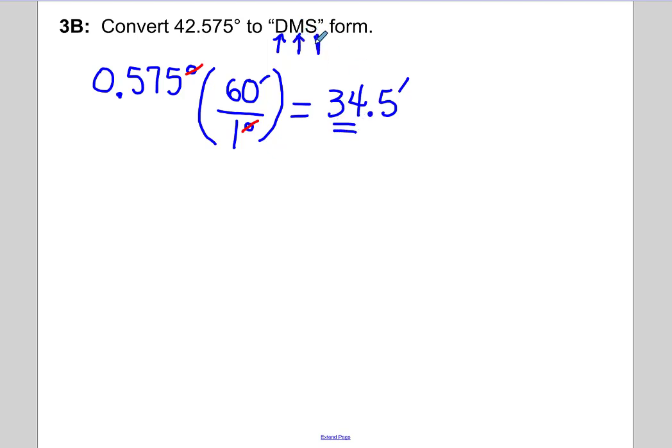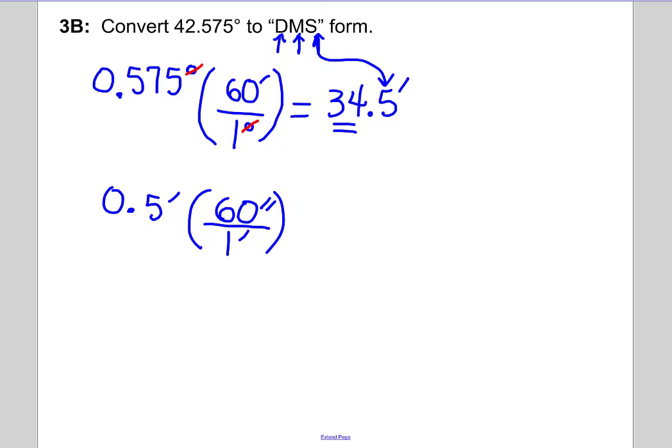So how do we find seconds? We're going to take this part right here, that half of a minute. So we have half of a minute, and we know that in 1 minute there are 60 seconds. So using dimensional analysis, the minutes cancel away, and a half times 60 gives us 30 seconds. So our units are seconds here.